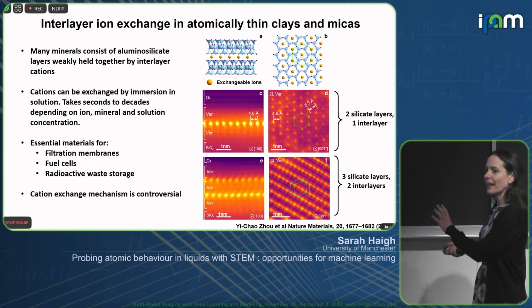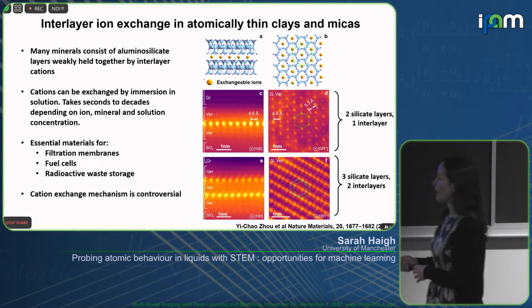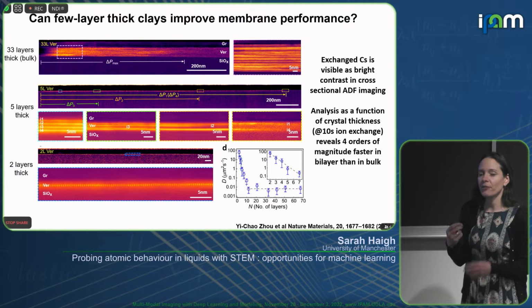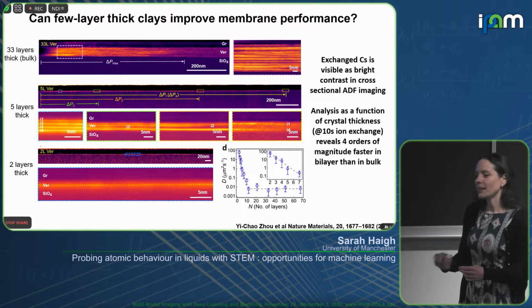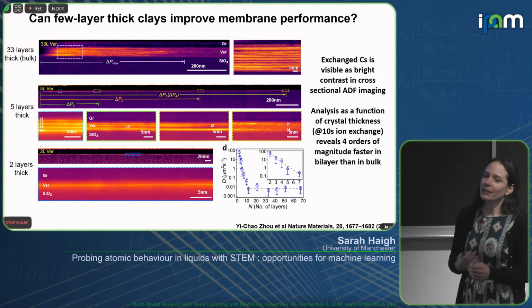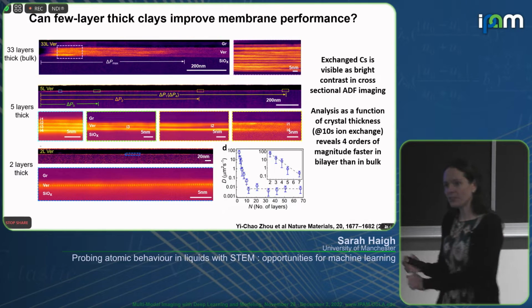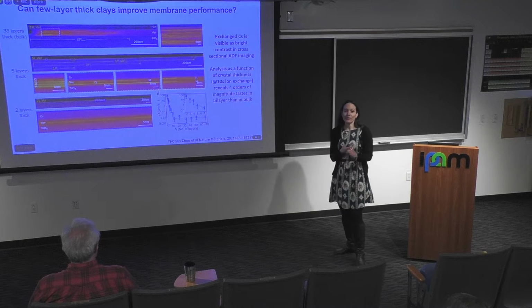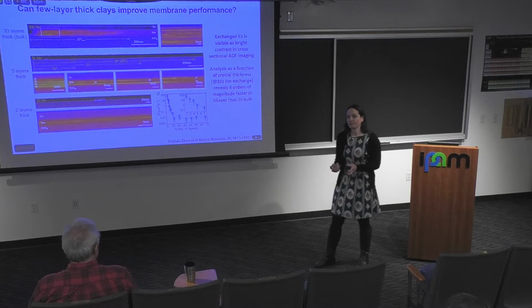Okay, so we understand that we can see the ions when they're in the aluminosilicate layers. We want to understand what happens when you have an atomically thin crystal. So to do that, we had to take over 60 samples looking at different thicknesses of the aluminosilicate, different solution chemistries, different times in the solution, to be able to try and understand the dynamics of a liquid phase reaction.